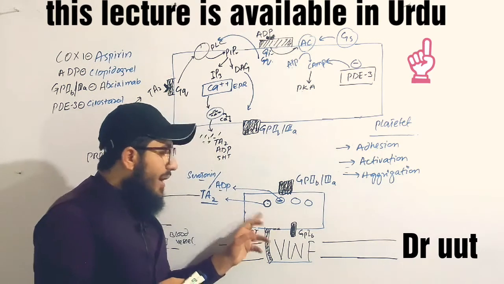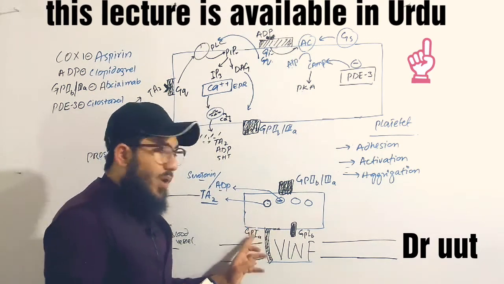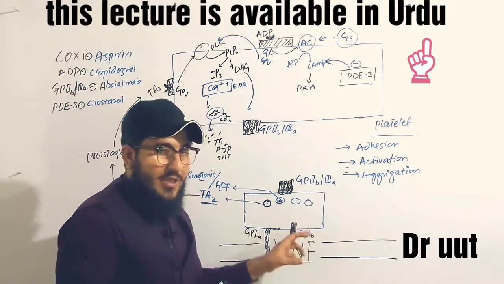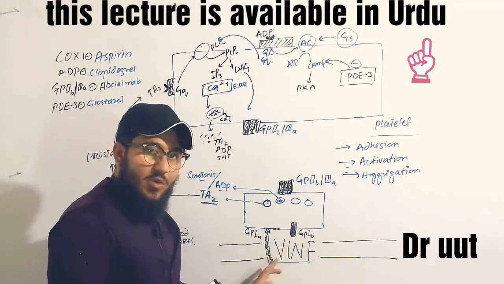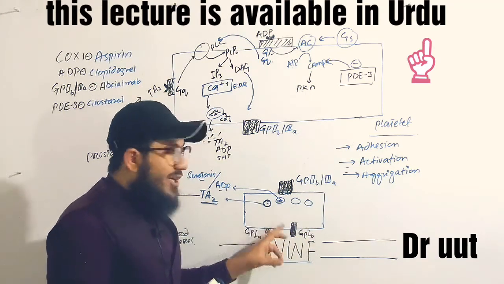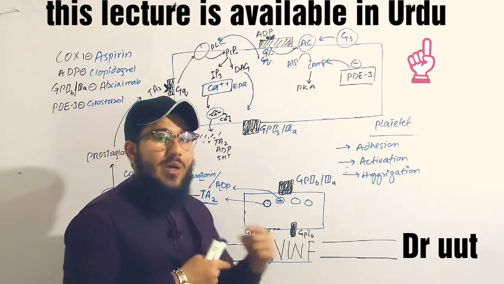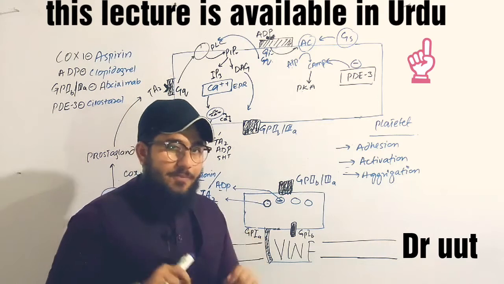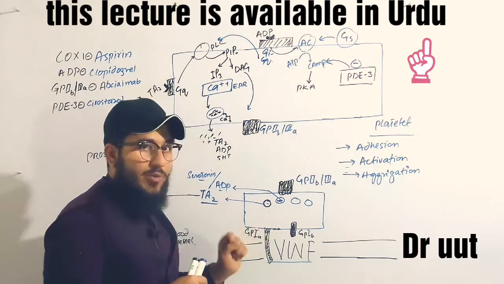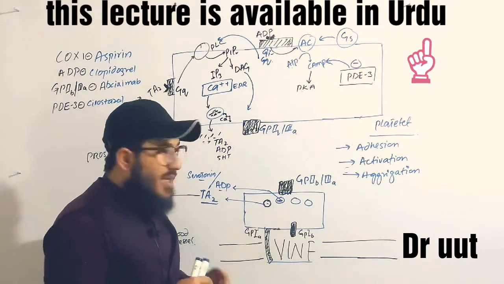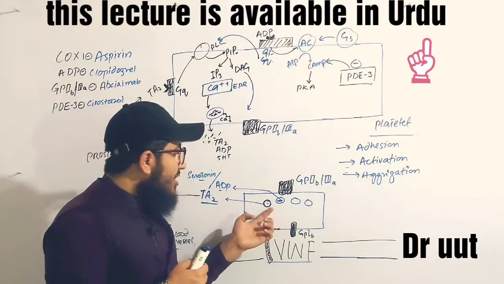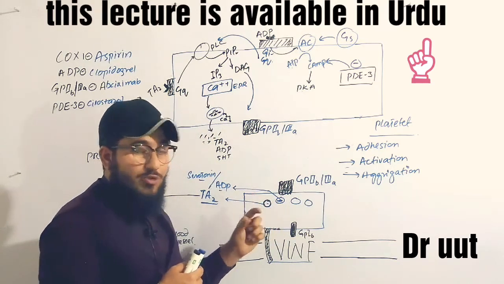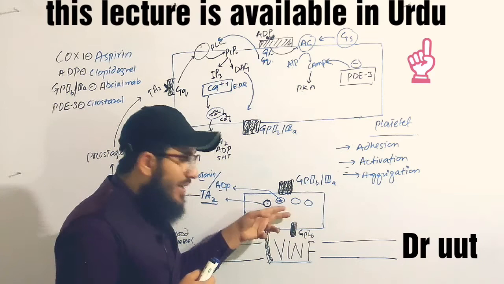Now when this platelet binds by means of GP1A and GP1B to the von Willebrand factor and the collagen fiber, this platelet will become activated. Let me tell you about the GP. It stands for glycoprotein. This is a receptor made of glycoprotein. When this receptor becomes activated, it will release granules present in the vesicles inside this platelet.